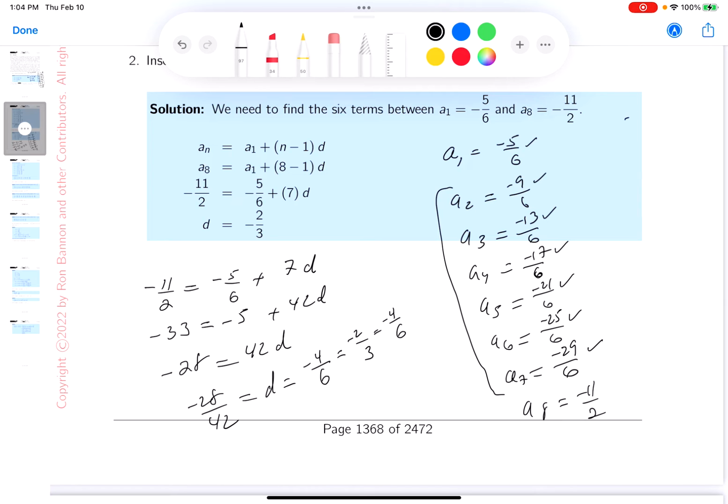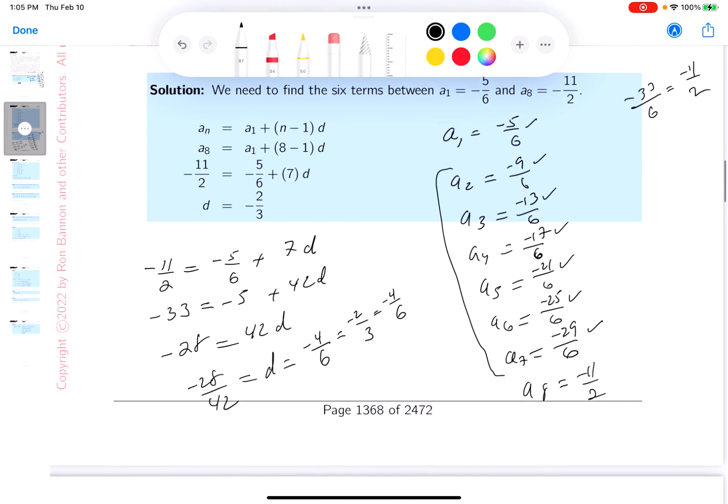And then you'd have minus 33 over 6. Oh, yeah, it works. I'm sorry. Divide by 3, you get minus 11 halves. Things are working out fine. I just didn't see it initially, because I didn't bother to reduce it.